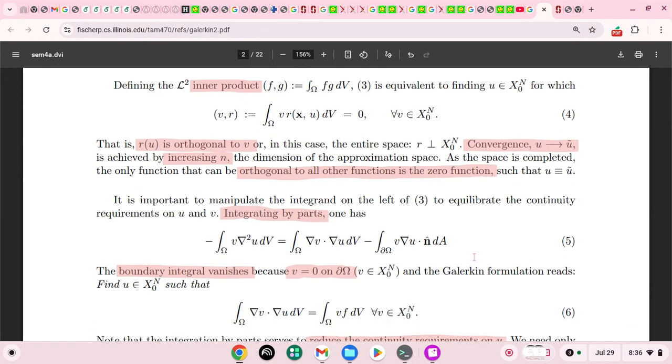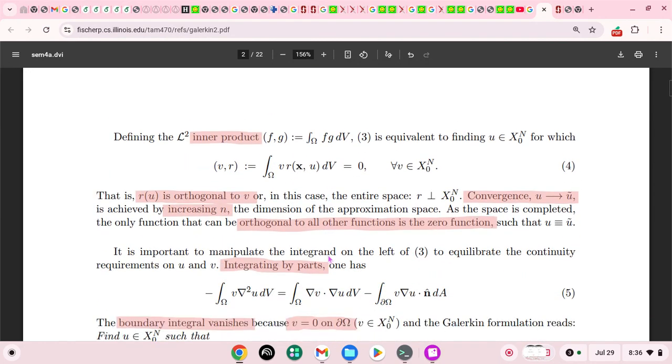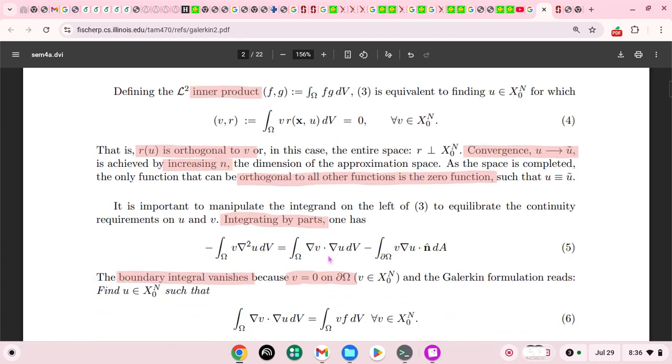Based on these, and also using some vector calculus theorems like the divergence theorem and gradient theorem, and using integration by parts, we can relax the constraint on the trial functions to be single integrable functions. Using those divergence and gradient theorems, we can end up with formulations from equation 1 to equation 3 to equation 5.